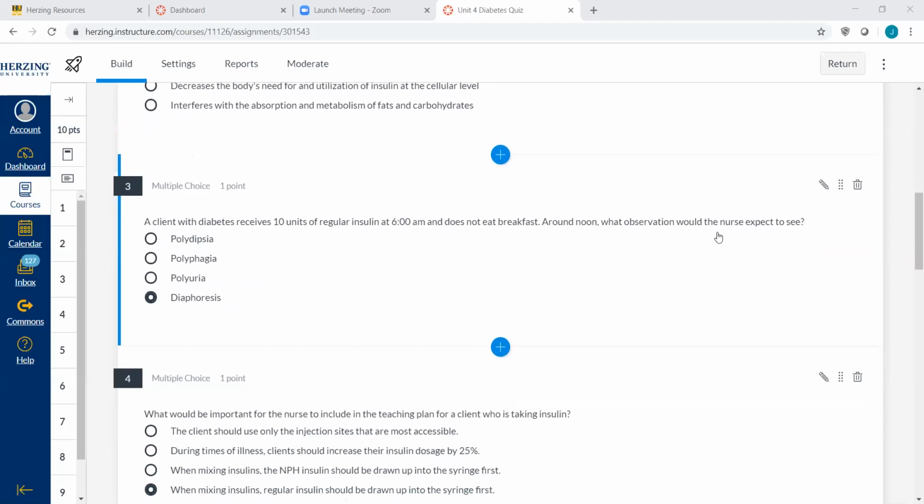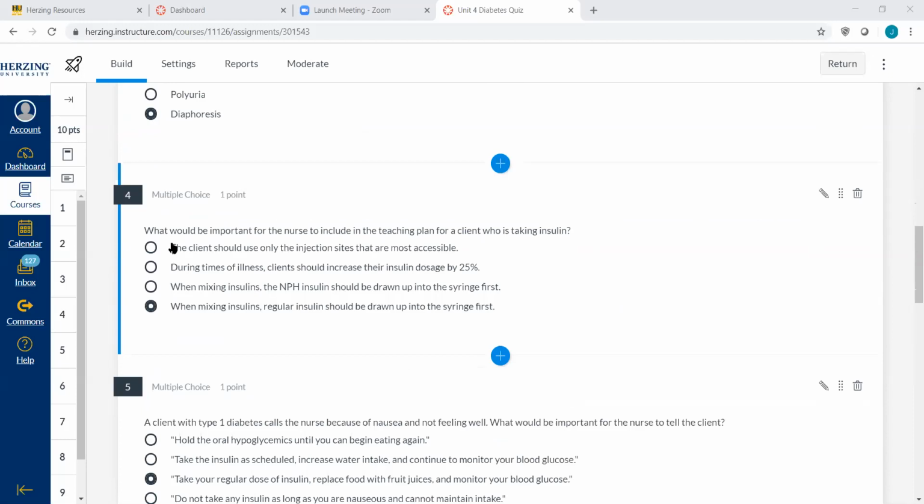Around noon, what observation should you expect to see? Well, if they didn't eat breakfast, they're probably going to have a low blood sugar, right? So, signs of hypoglycemia, so it would be diaphoresis. All of these other things are not anything to do with hypoglycemia, these are to do with hyperglycemia.